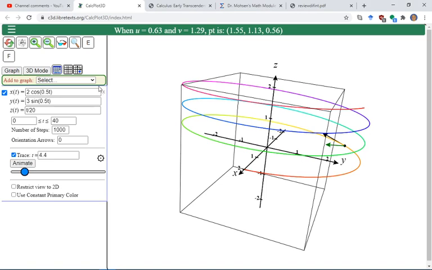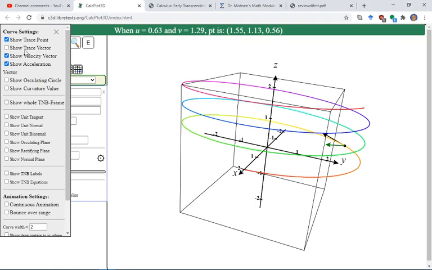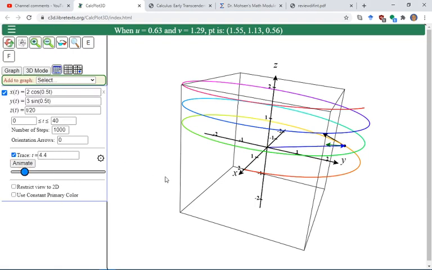You can even ask for more than that if you want to see the position. Now it's going to be a little bit crowded. Let's see if we move around, see if it gets any better. So this blue vector is my position. This is R. This black one is R prime. This green one is R double prime.